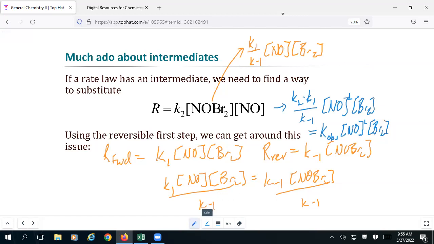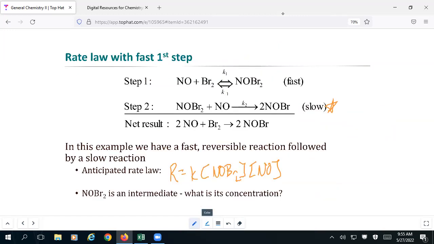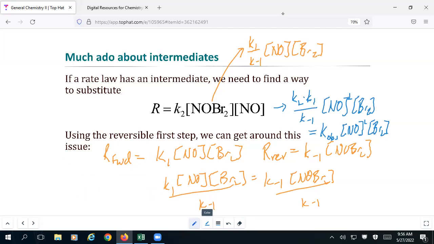So with this fast reversible step, this is how I can get to an overall third order reaction. So the stoichiometry says that it should be third order overall, second order in nitrogen monoxide, first order in bromine. The rate law says the same thing. But we know from a molecularity standpoint, a termolecular collision seems kind of unlikely.